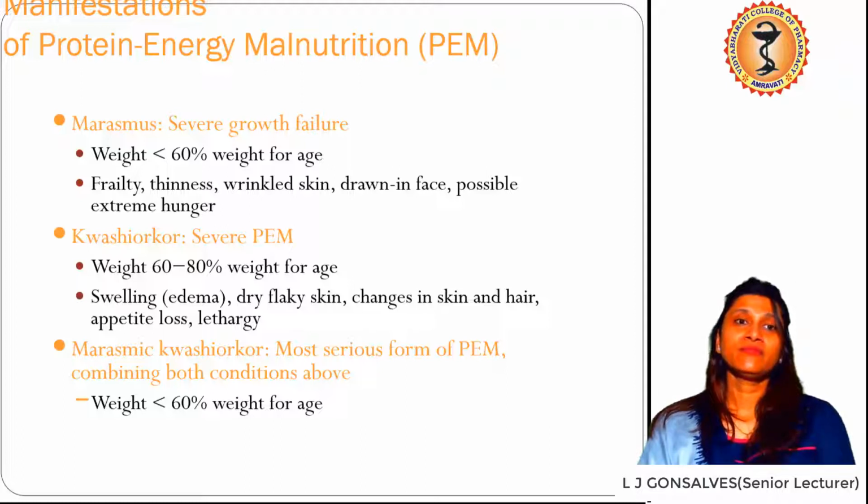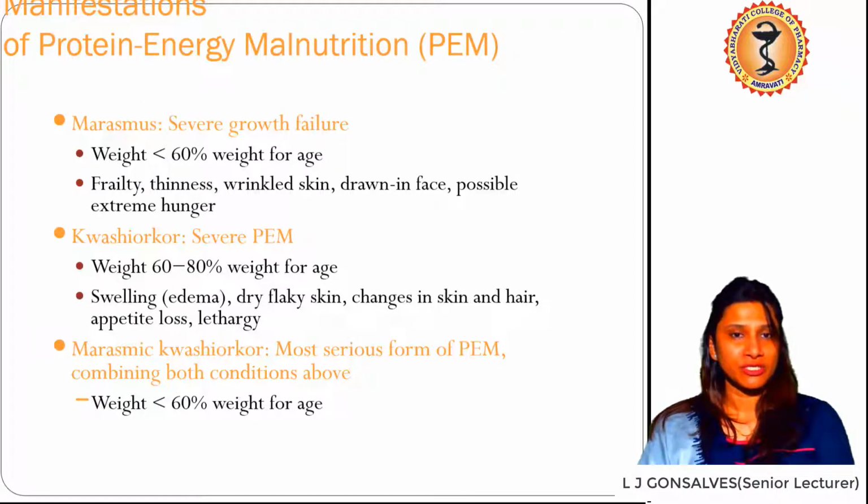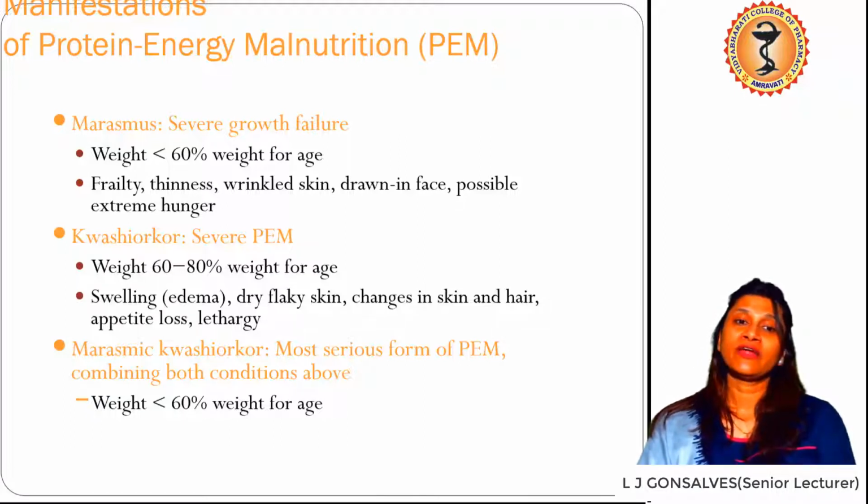The second protein energy malnutrition disease is kwashiorkor. It is also a severe protein energy malnutrition disease. It occurs in the second year of the life of the child. Here the weight is again 60 to 80% weight for the age. Then there is swelling, which is due to edema.